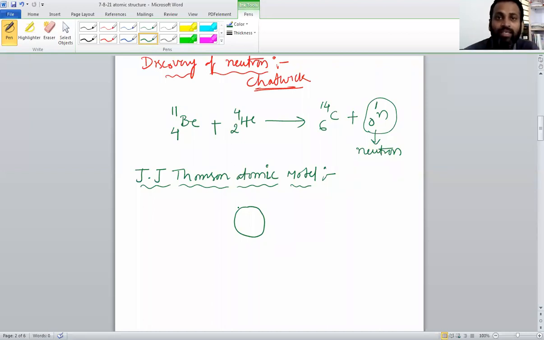So like that, he imagined, he compared the atom with the watermelon fruit first. He said, as seeds are embedded in a watermelon fruit in the red area, electrons are embedded in the neutral space or positive space of the atom.